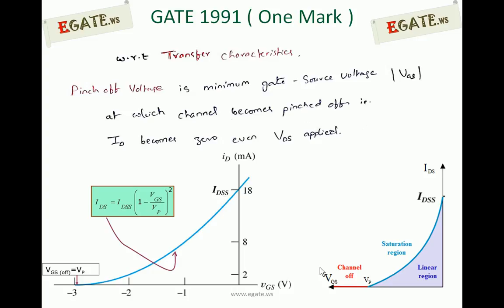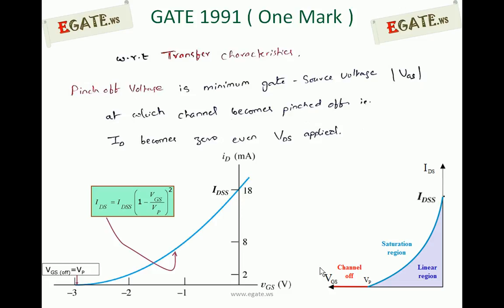So now we are discussing the pinch off voltage, one with respect to the drain, and the other with respect to the gate. VP, the pinch off voltage with respect to the drain, is a positive voltage, while with respect to the gate it is a negative voltage. Out of these two, which is treated as the original pinch off voltage specified in data sheets?